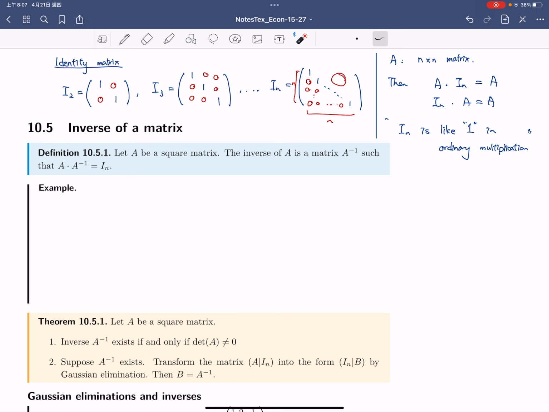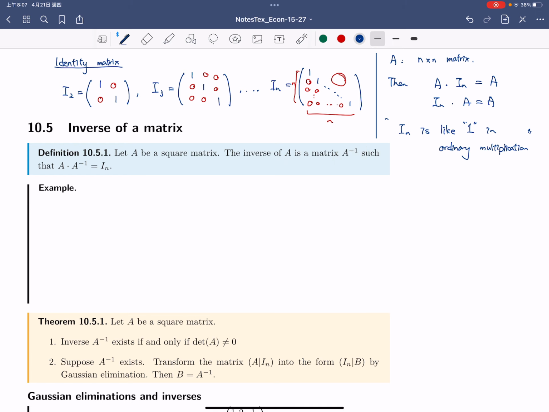And then what's the inverse matrix? The inverse matrix extends the concept of the identity matrix, because the identity matrix looks like 1. Inverse means I want to find a matrix such that when you multiply it with A, you get 1.